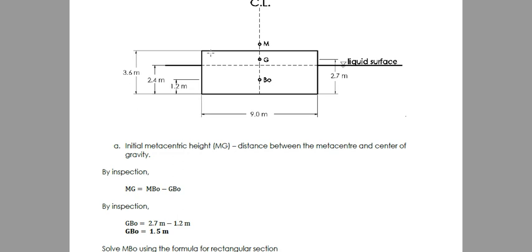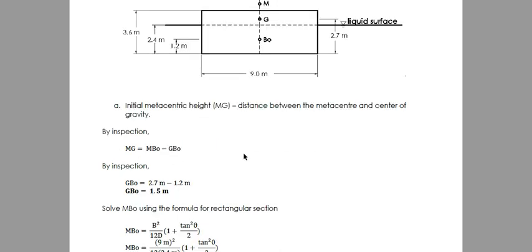By inspection, MG is MBo minus GBo if M is higher than G. GBo is equal to 2.7 meters, the location of G from the bottom, minus 1.2. That's GBo, so we solve it by inspection.